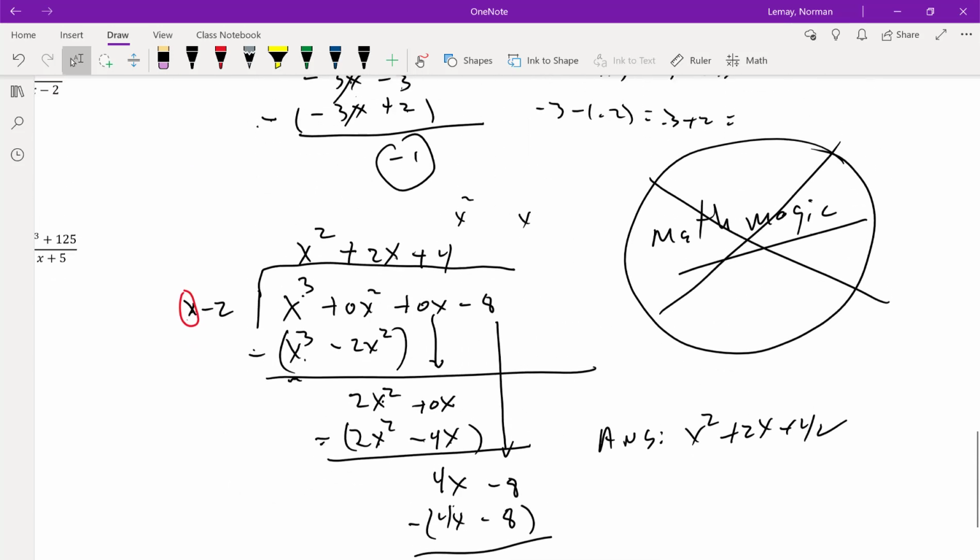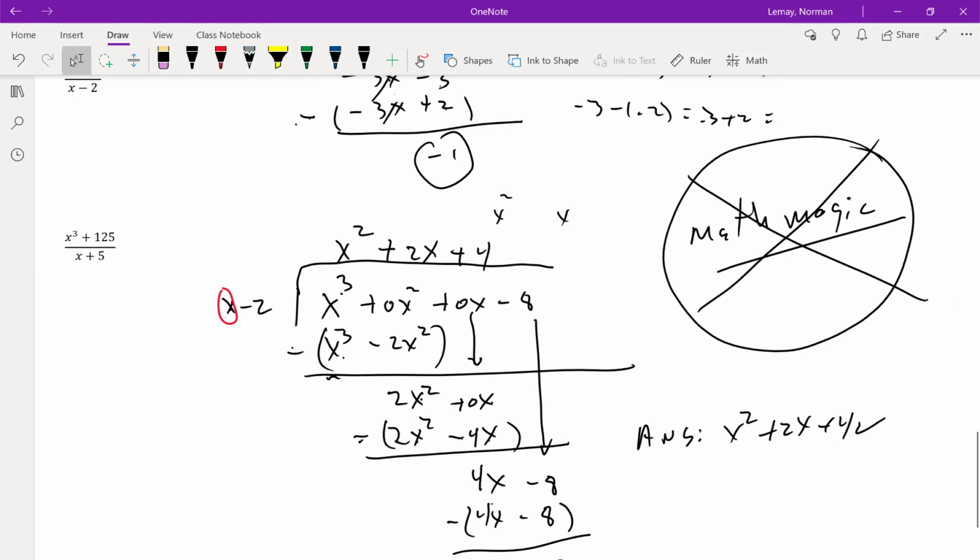All right, so the last one here is x cubed plus 125 over x plus 5. So why don't you take a look at this one, and why don't you try pausing the video as of now, and try to do this one, just kind of parrot what we did here, and take a moment and try to do that. And then once you're done, start the video up, and I'm just going to go ahead and provide the solution.